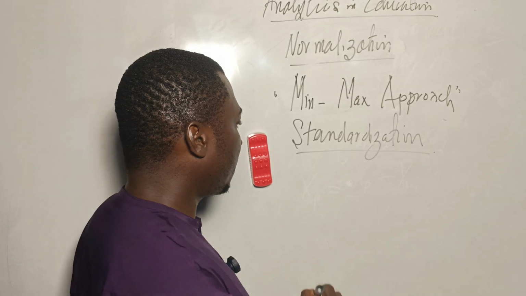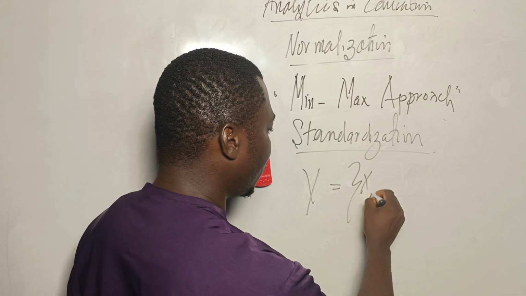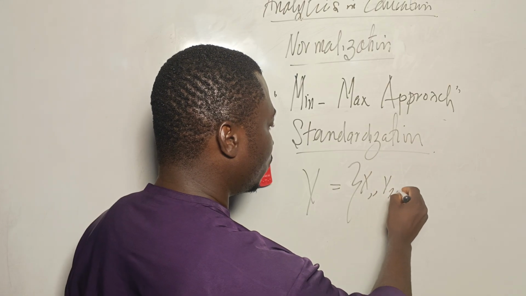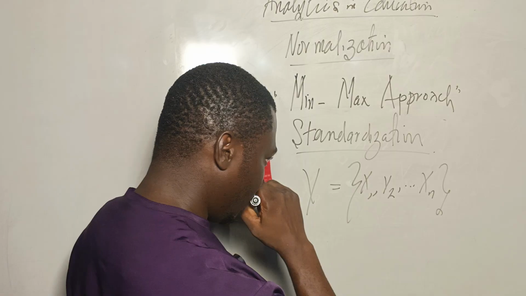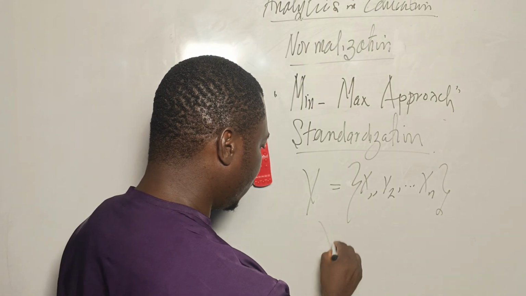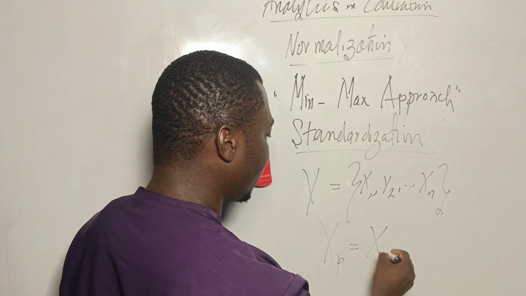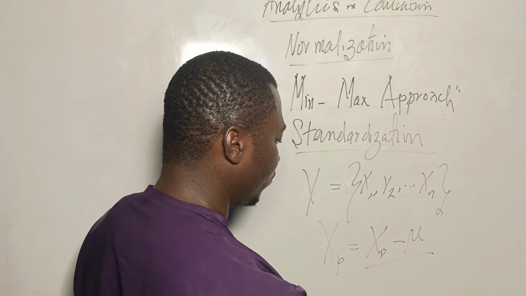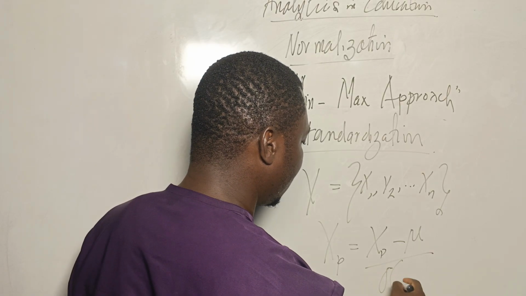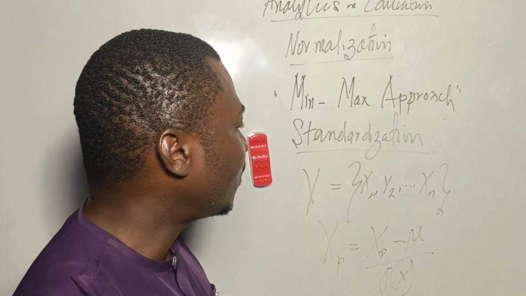If you are given a data set, say x1, x2, maybe a finite data set, you standardize a particular data point p by subtracting the mean value, or the average estimation, and dividing by the standard deviation.